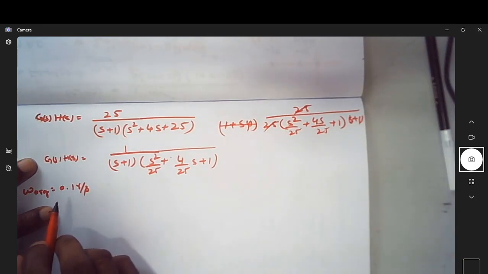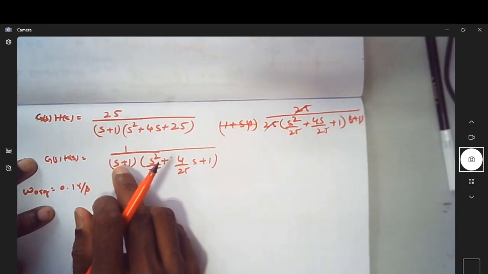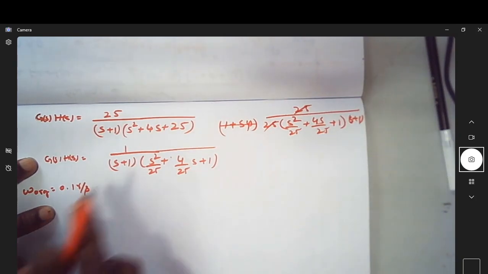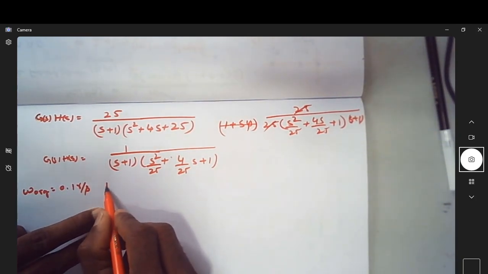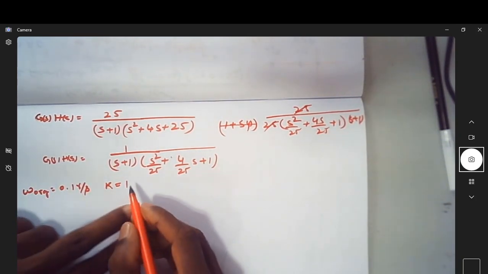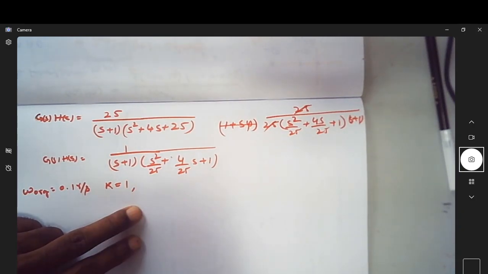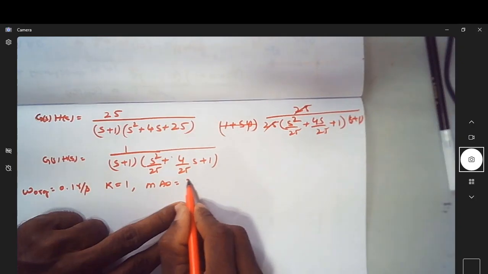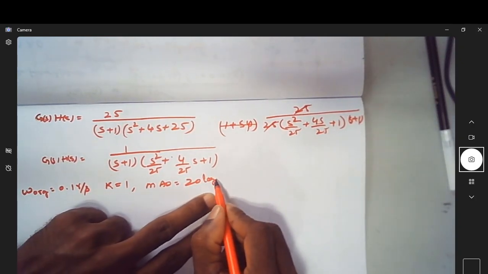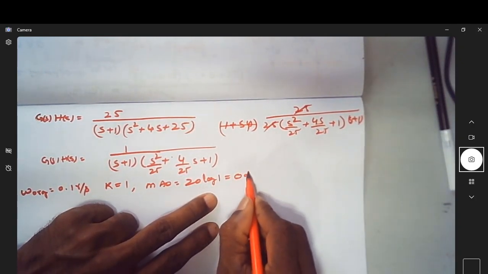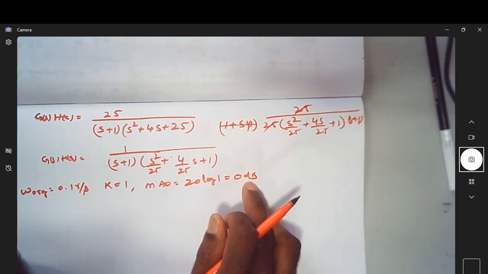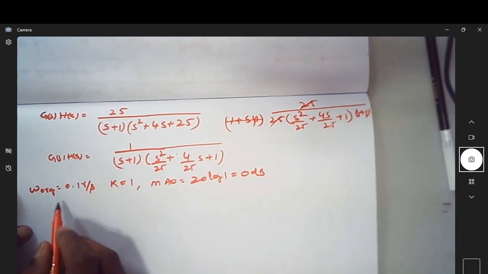Since it is 0.1 radian per second and the only term contributing at the origin is this k, and k is equal to 1, we write the magnitude at origin as 20 log of 1, which is equal to 0 dB. So the magnitude at the origin is 0 dB, and we can write the slope table here.